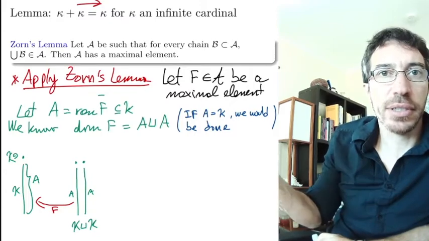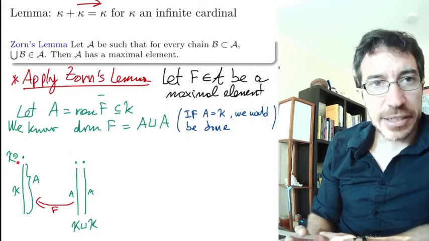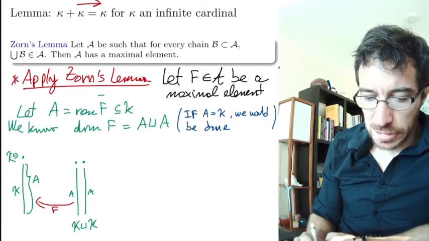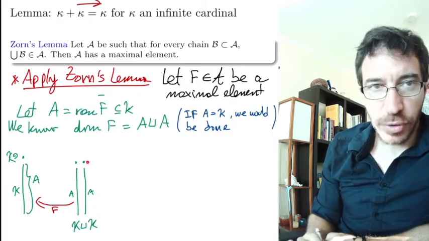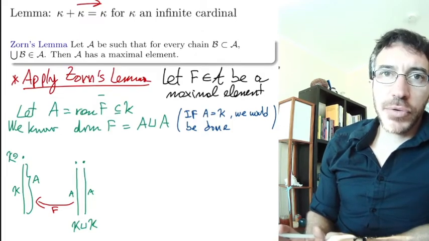That's all it says. There exists some maximal element, and that one might not satisfy that A is kappa. It might miss a few things. Okay, well, 2 points.